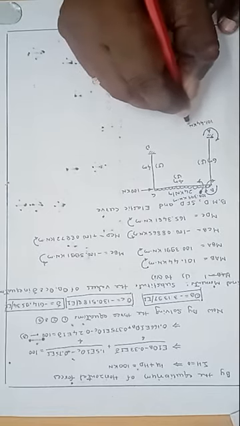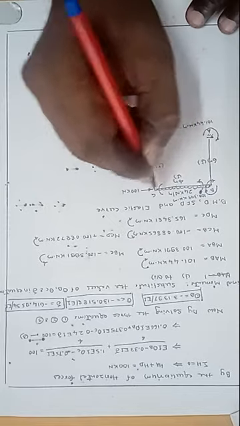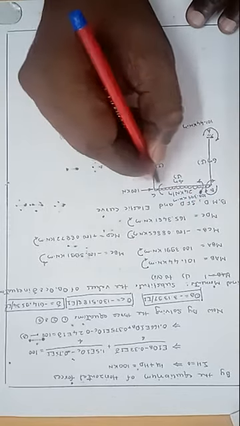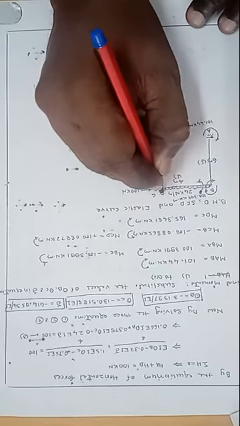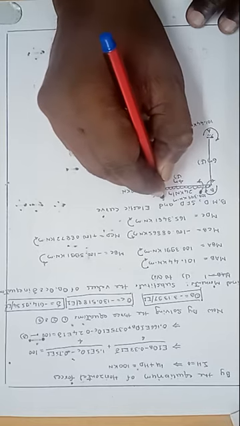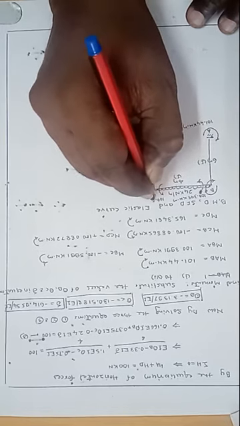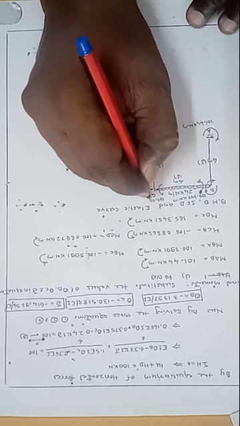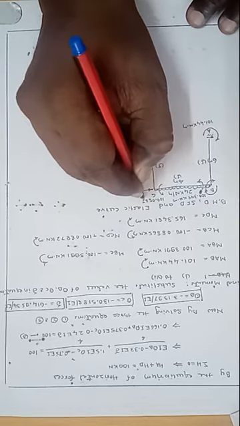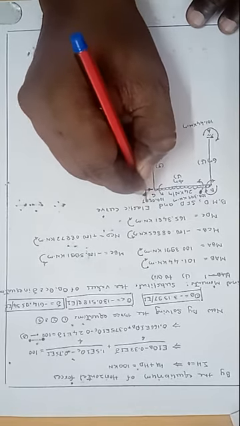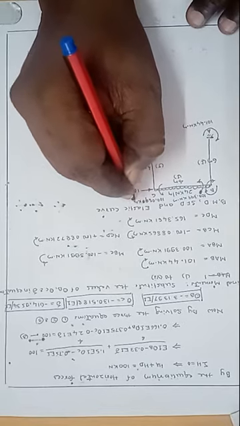Then at this point MCB is again anti-clockwise, 100.089 kilonewton meter.